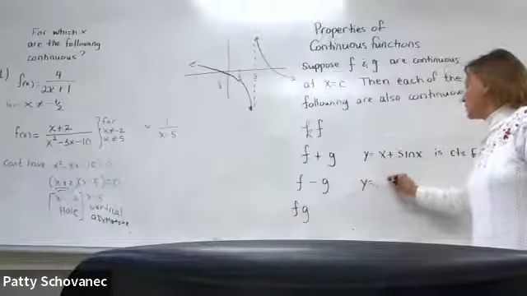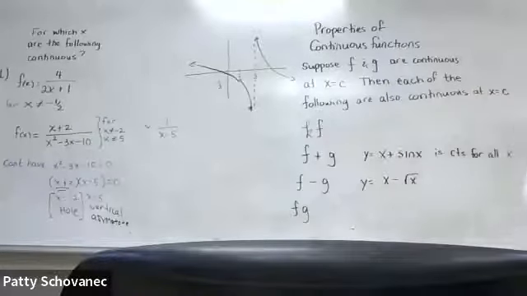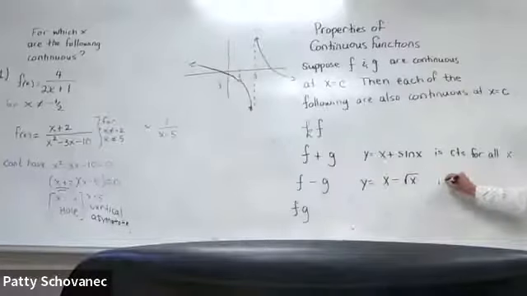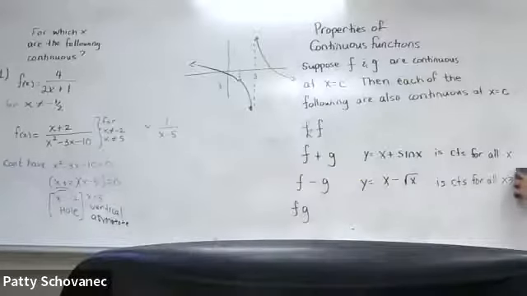Y is equal to x minus the square root of x is continuous for all x for which they are both defined. Square root of x is only defined for positive x, so I would say that this is continuous for all positive x. Continuous on their domains.